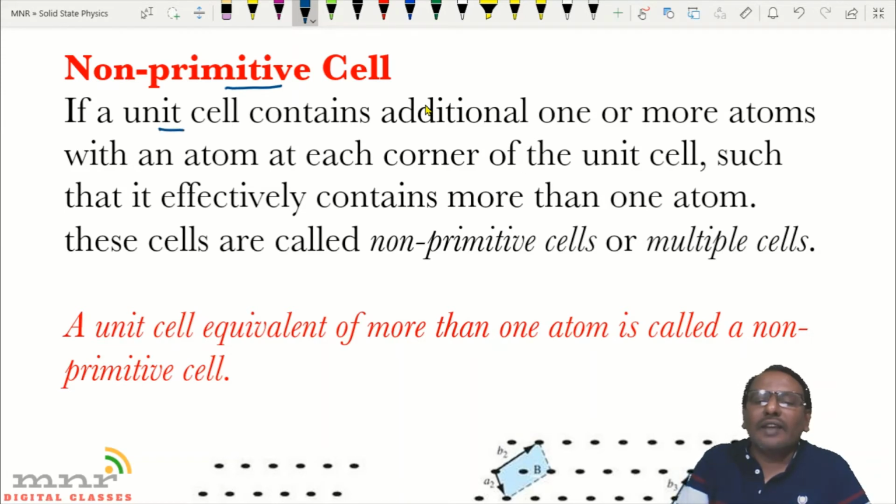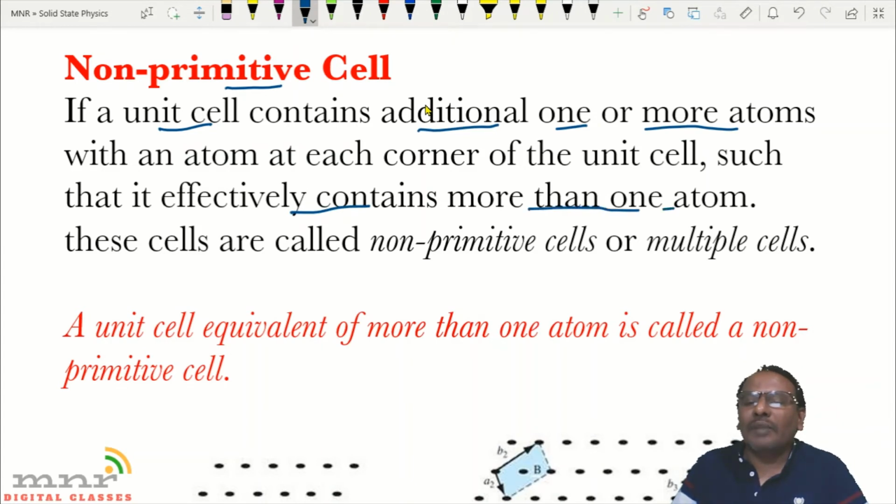If a unit cell contains additional one or more atoms with an atom at each corner of the unit cell, such that it effectively contains more than one atom per unit cell, then such a cell is called a non-primitive cell or multiple cell.